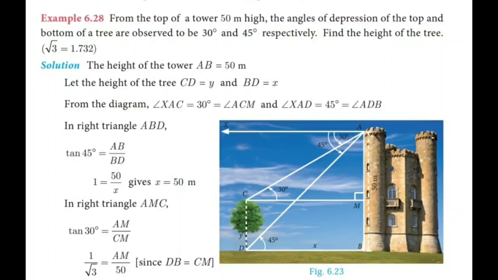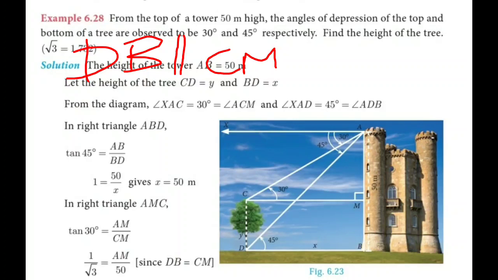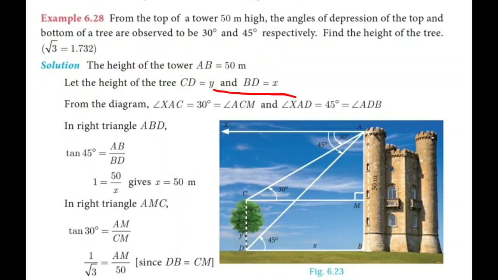Let the height of the tree CD is equal to y meter. Then draw DB parallel to CM. Then BD is equal to CM is equal to x meter.